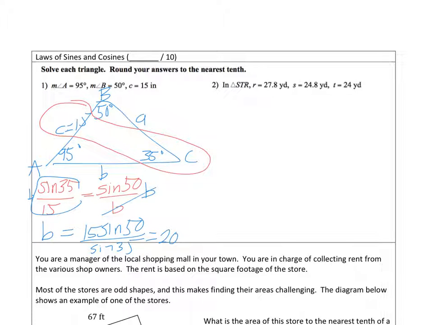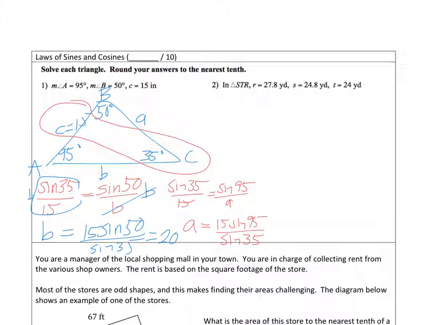Then I can figure my third one out. And that's going to be based on doing sine 35 over 15 is equal to sine 95 over A. Similarly to how we solved for B, we're going to end up with A is equal to 15 sine 95 over sine 35.